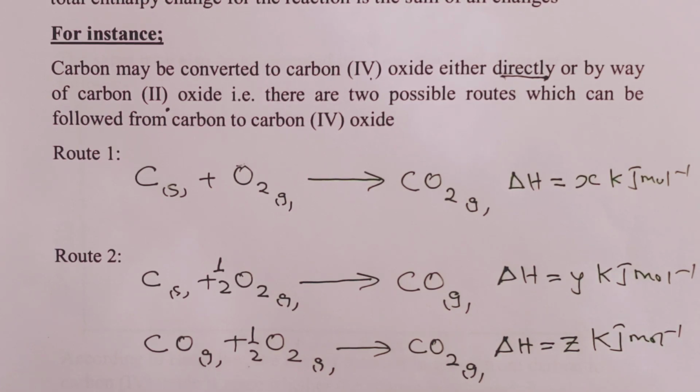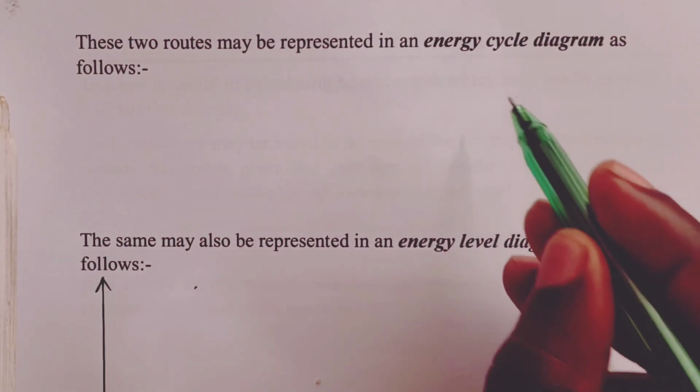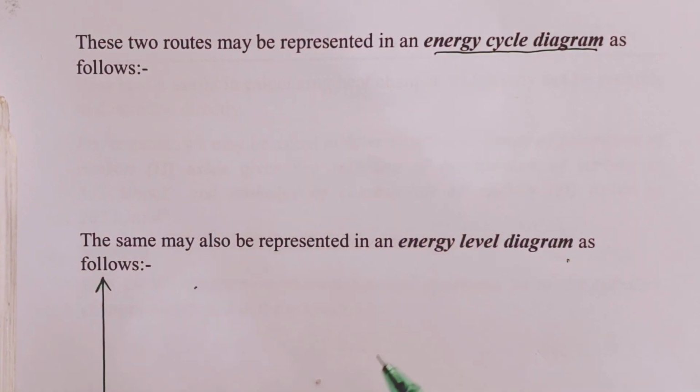These two routes that we've just obtained from the two possible paths that lead us from carbon to carbon 4 oxide may be represented in either an energy cycle diagram or an energy level diagram. We begin with an energy cycle diagram, and for this illustration I will exclude oxygen in my cycle.